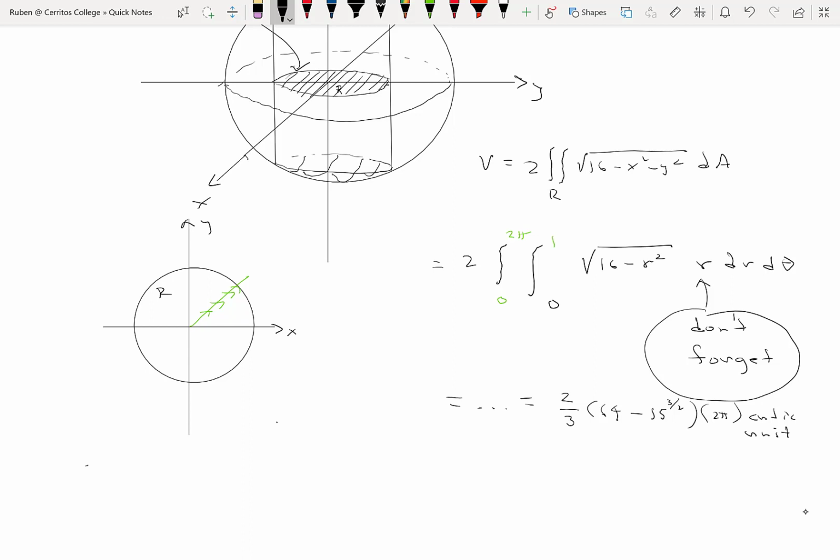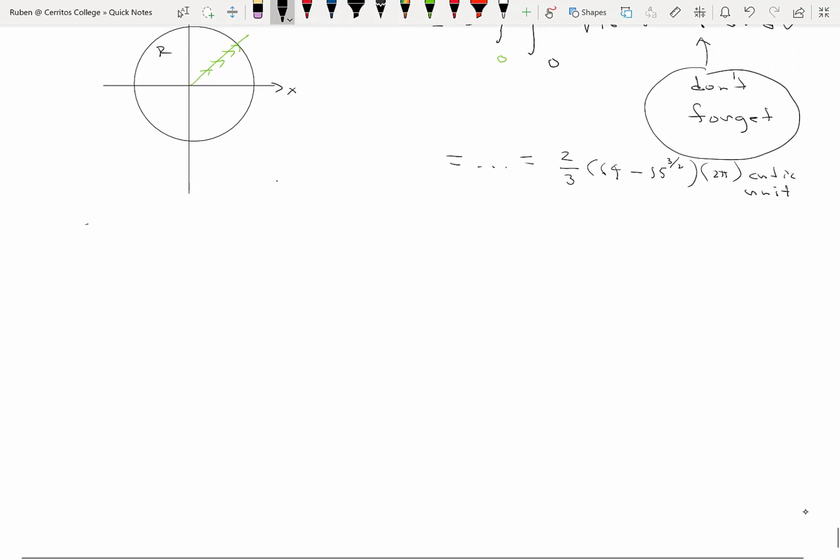We looked at where the projection of our region in the xy plane was our polar rectangle, R polar, and that was the set of all r and theta, where we consider theta, the angle, first.